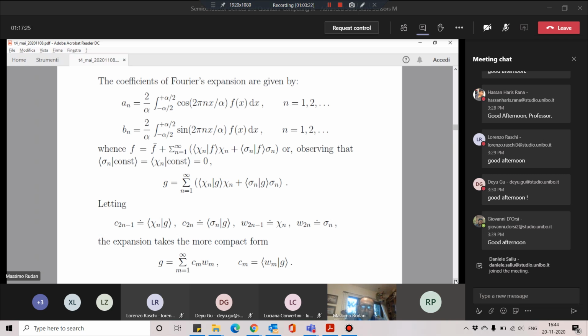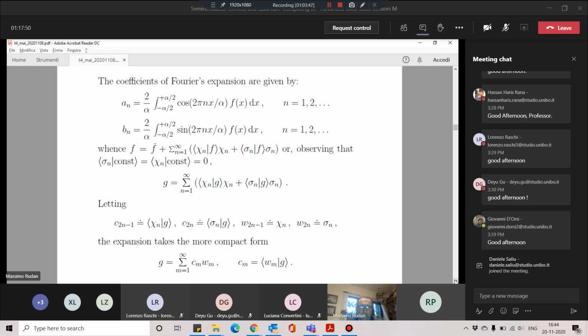The coefficients of the cosine an are 2 over alpha. You remember that alpha is the total length of the domain where the function is defined. 2 over alpha times the integral of the cosine times f.